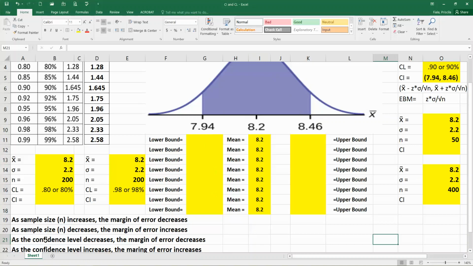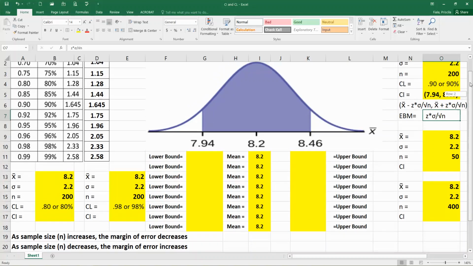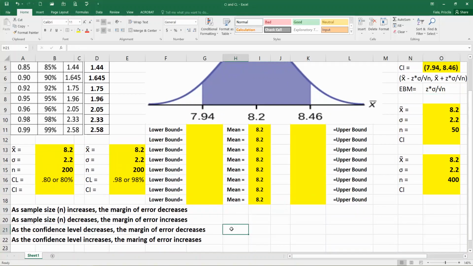But if your confidence level decreases, if we go from 90% to 80%, for example, which is from 1.645 for 90% to 1.28 for 80%, as the confidence level decreases, the margin of error decreases. What does it mean? If you remember the error bound margin formula, the z-value times the standard deviation divided by the square root of the sample size.